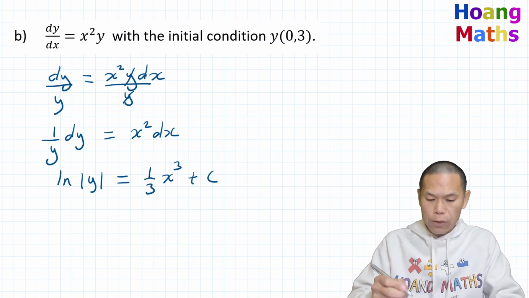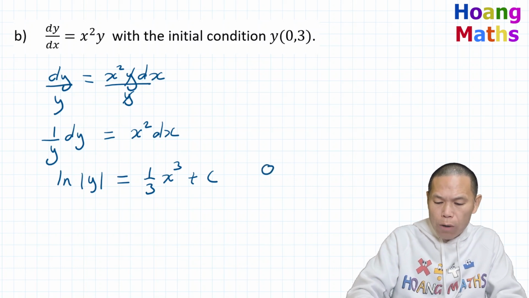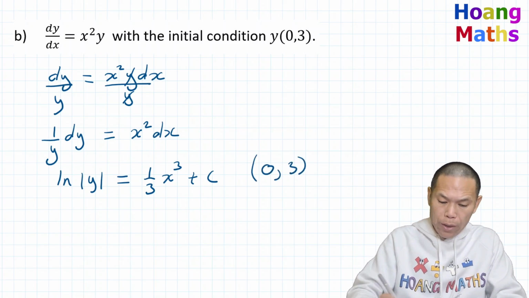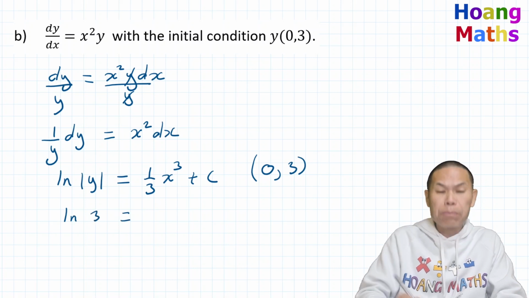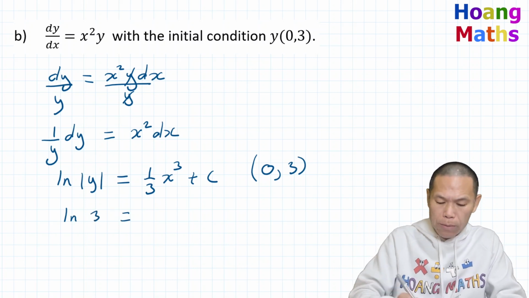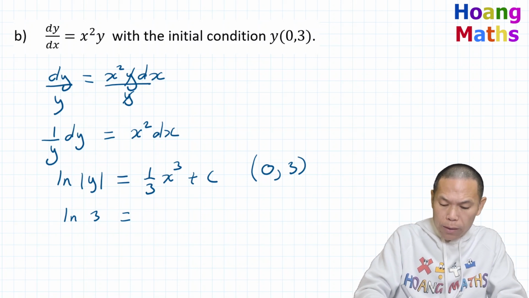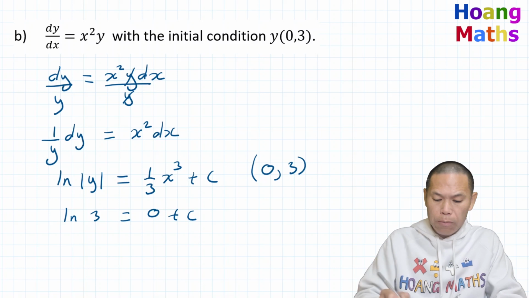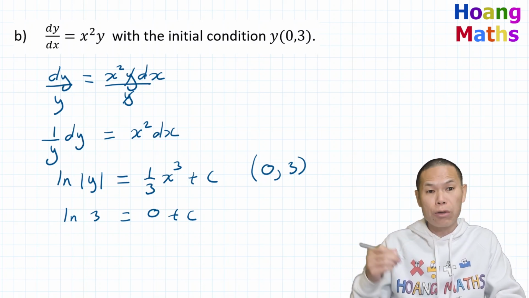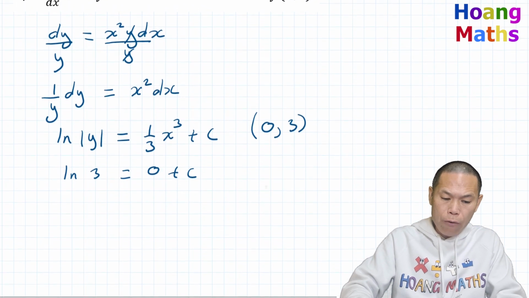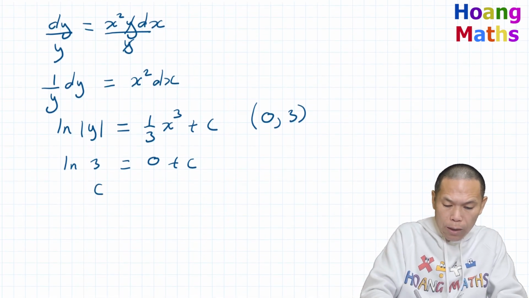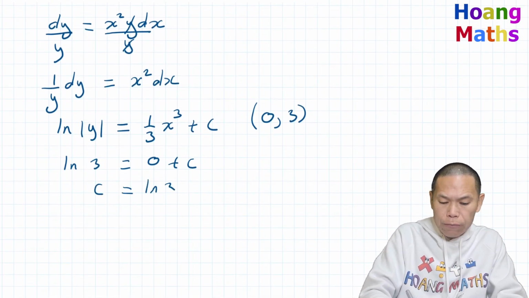Now we need to solve for c. When x is 0, y is 3. So we go ln of 3, because the absolute value of 3 is still 3, and 1/3 of 0 gives me 0. So 0 plus c, because x is 0, so 0 to the power of 3 is 0, and 0 times a third is 0. Therefore, c is ln of 3.